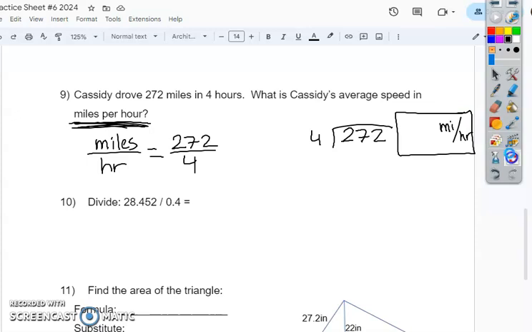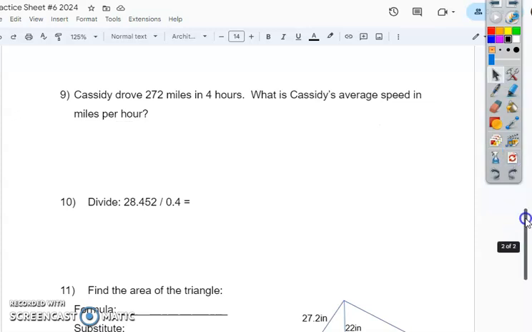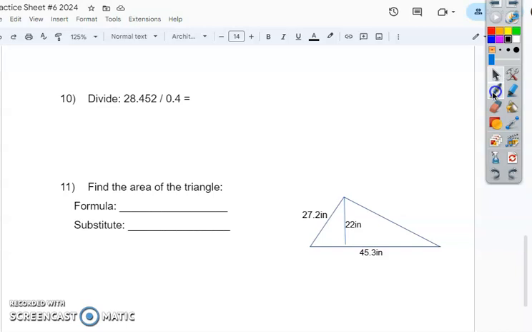Okay, so also have an extra problem this week. That way you can get a few extra points. Some of you need that. Number 10, divide, inside, outside, dividend, divisor. You're going to do this, but I'm just getting you started, okay?